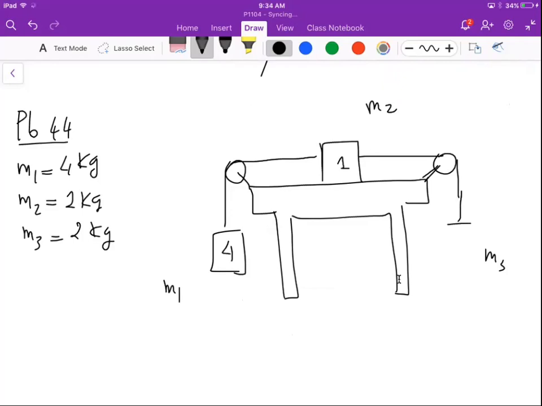So practically, M1 is what will pull the system because it is the heaviest. So M1 will move with an acceleration, sorry, it will move in this direction. Let's just draw the direction of motion. So M1 will go down, pulling in this direction because it is the heaviest. This is A1. Now this one is A2. M2 will move with acceleration A2 and M3 in this case will go up, and this is A3.